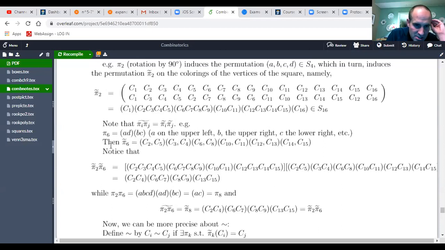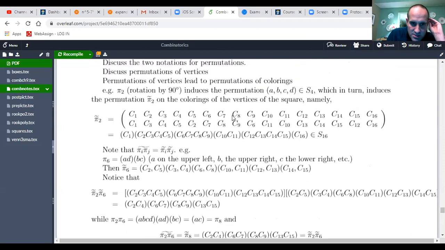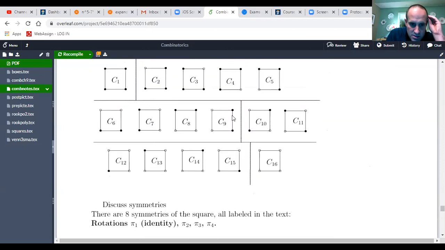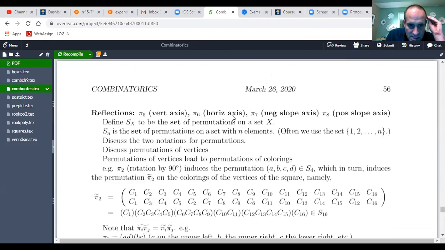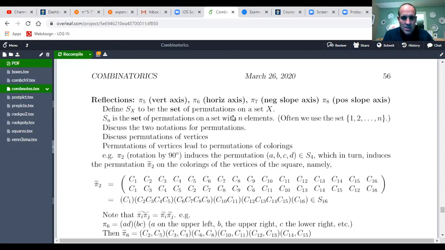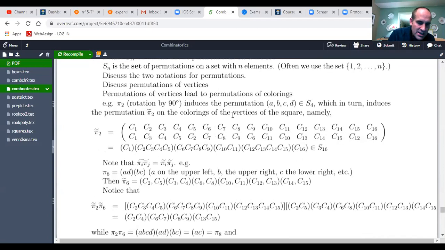So what about pi 6? What is pi 6 doing? Okay, so pi 6 is reflection in the horizontal axis. So it's going like this. Pi 6 is reflection in the horizontal axis.